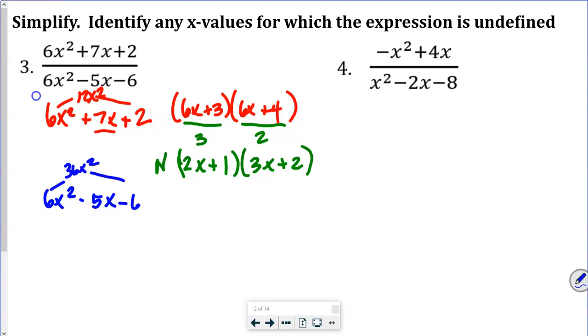So here again, I'm going to put my 6x and my 6x. What are the factors of negative 36 that add up to be a negative 5?